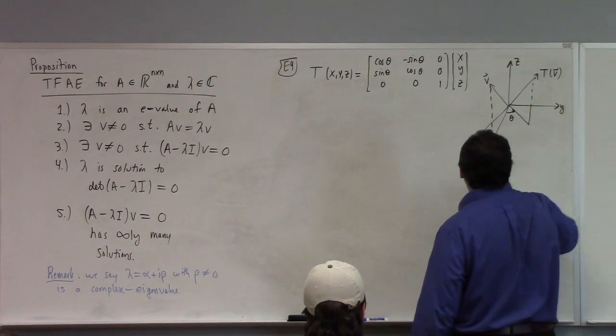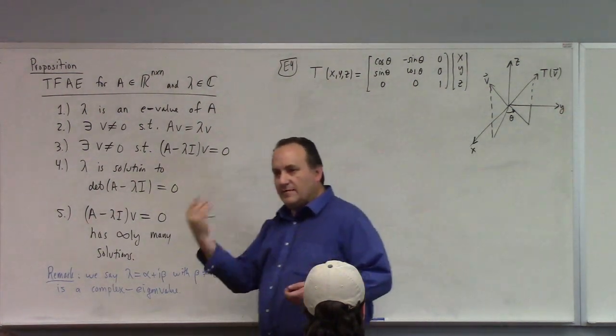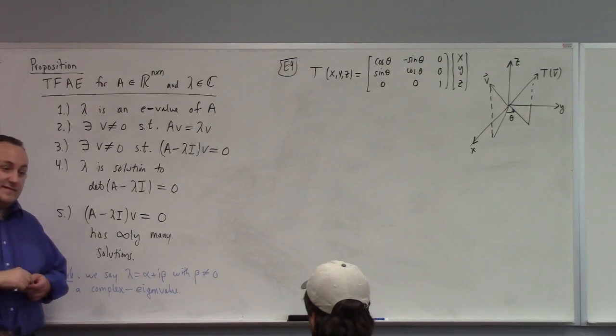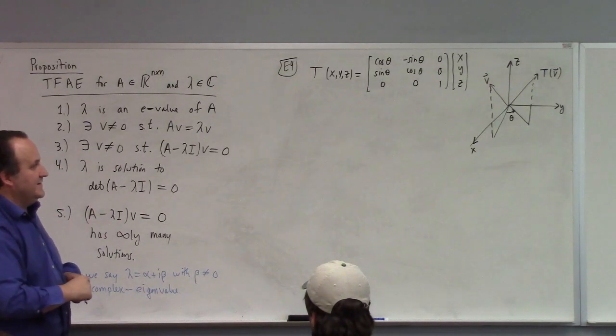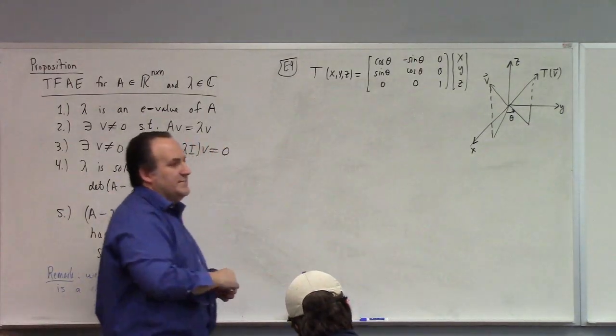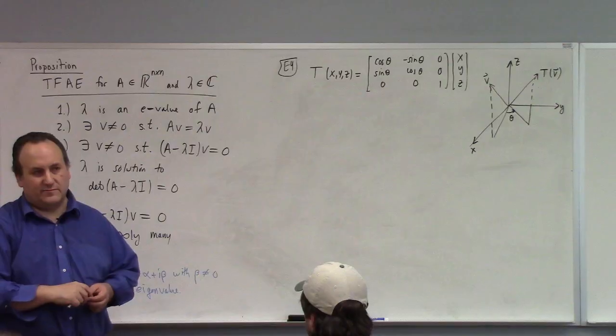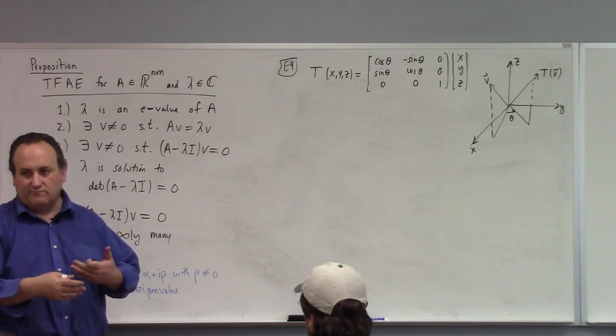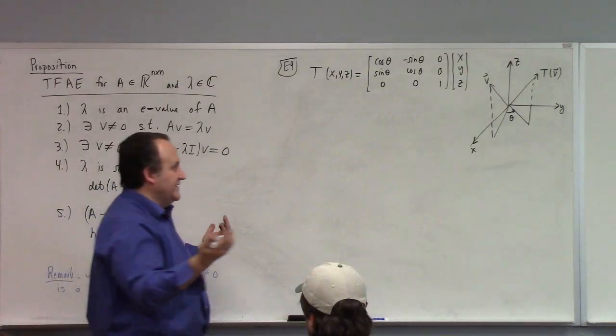This is a rotation around the z-axis. That's what this formula is. Is theta a constant here? Yeah, theta is a constant. So in fact, let's be more boring. Let's make theta equal to, what do you guys want? Like pi over 6 or something?